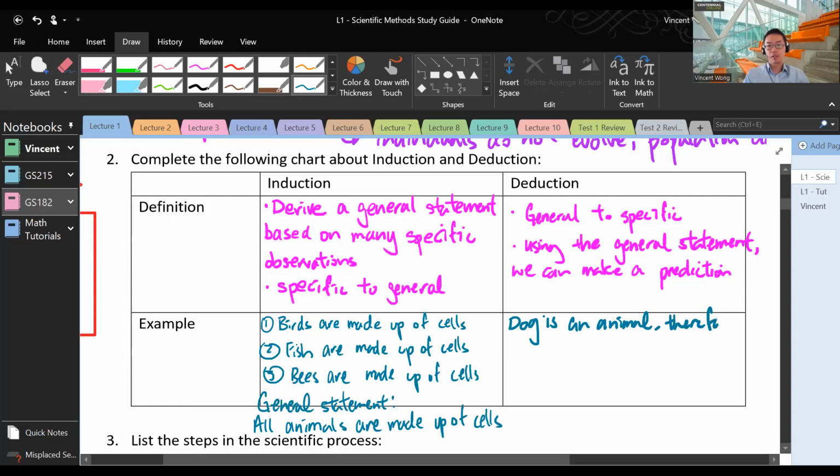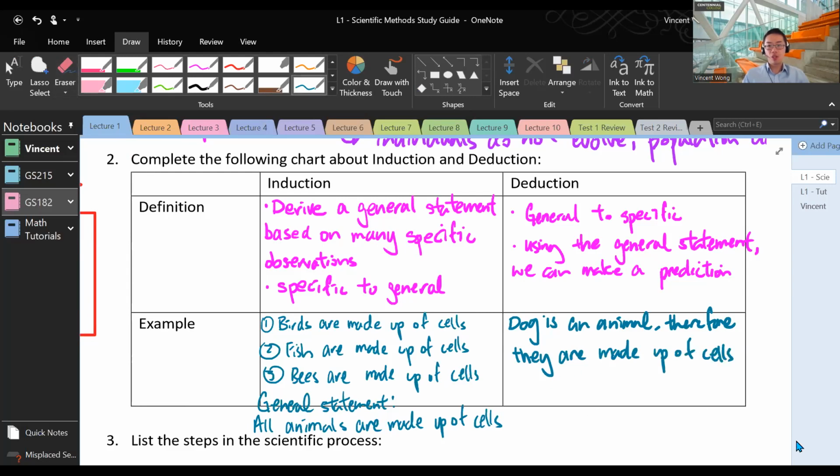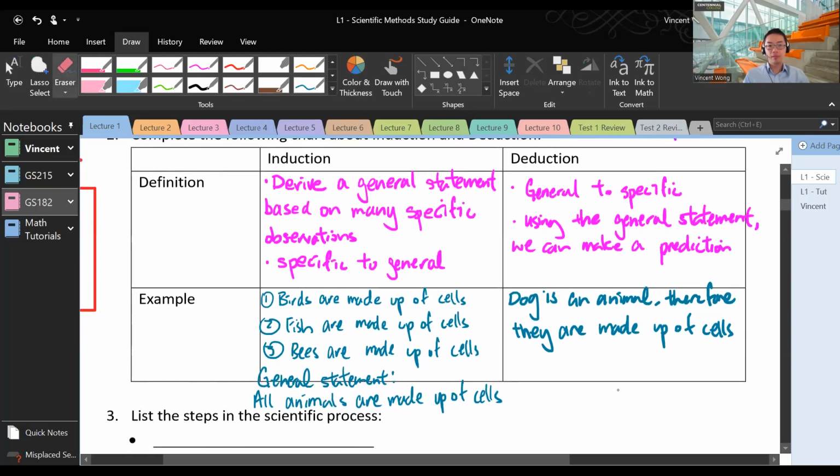Therefore, they are made up of cells. So from this general statement, we are going to make a prediction for a specific case. That is deduction.